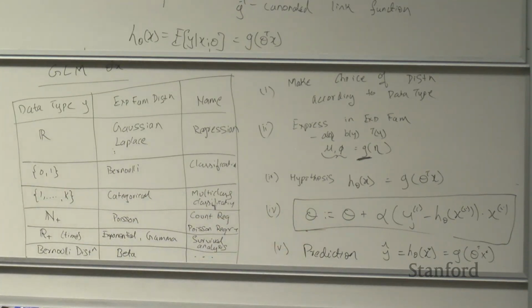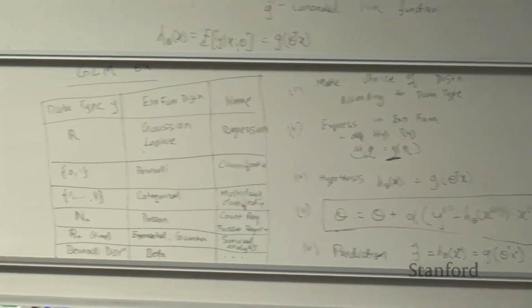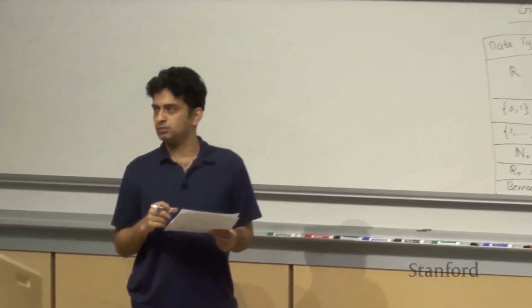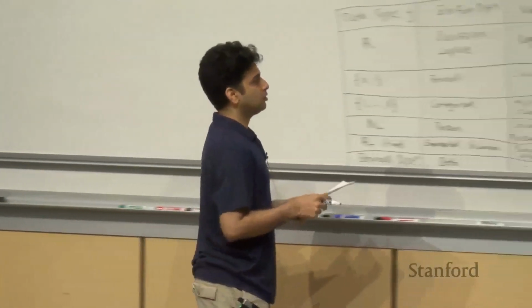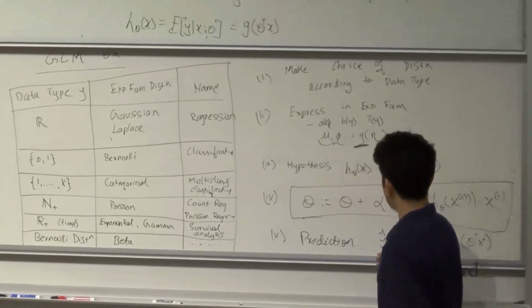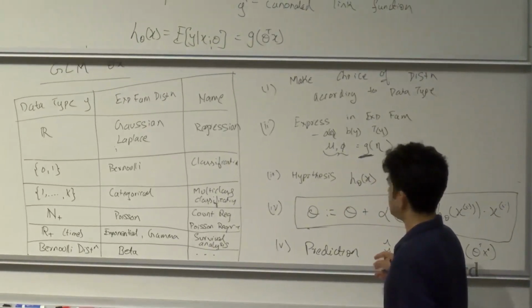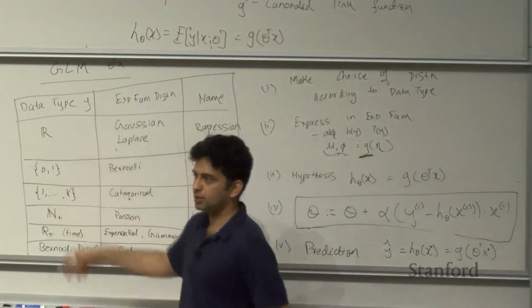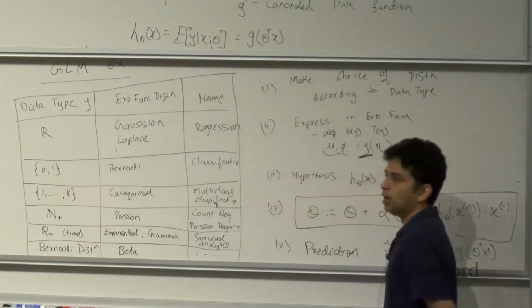Yes, question. That's a very good point. So the question is, when we use this y hat, our prediction will not lie in the support of the data type. That is true.